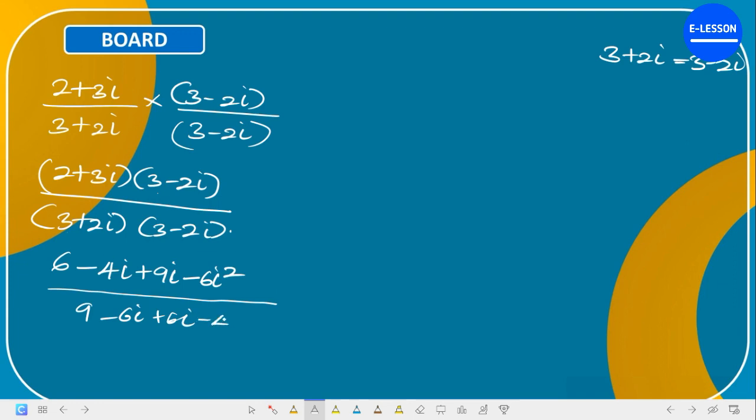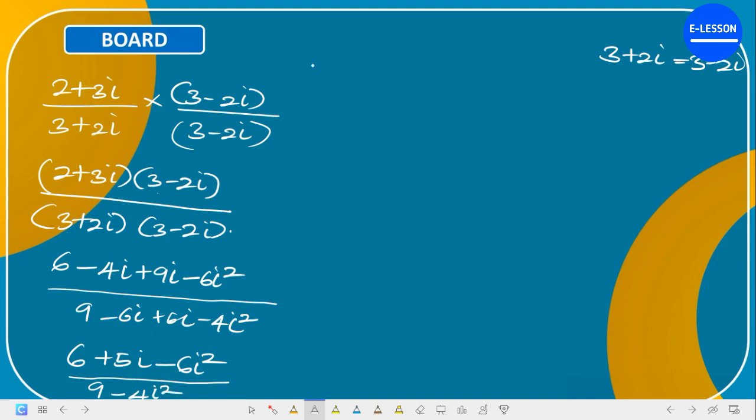Then minus 4i square. And this becomes 6 minus 4i plus 9i, which is plus 5i. Then minus 6i square, all over 9. This times this, minus 6i plus 6i, will give us 0. So you have minus 4i square.